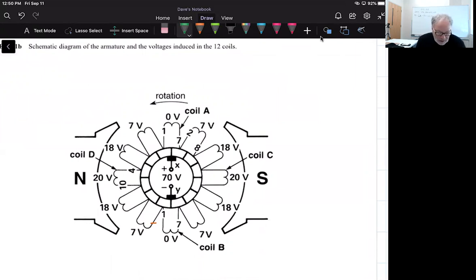When you look at this, I want you to think about something. Here's a coil, connected to this commutator segment from one side and to this one on the other side. The brush is conductive, so it's going to conduct from this side of the coil to the other.